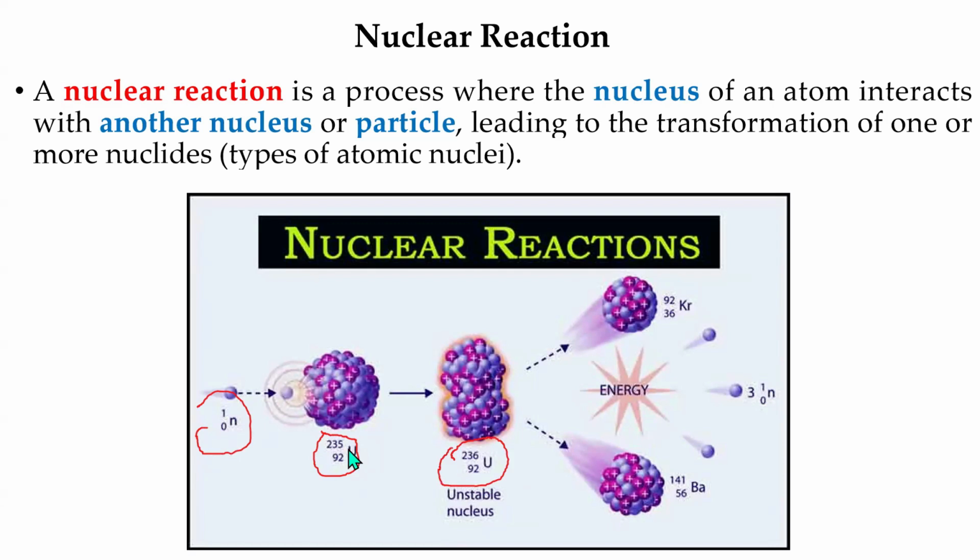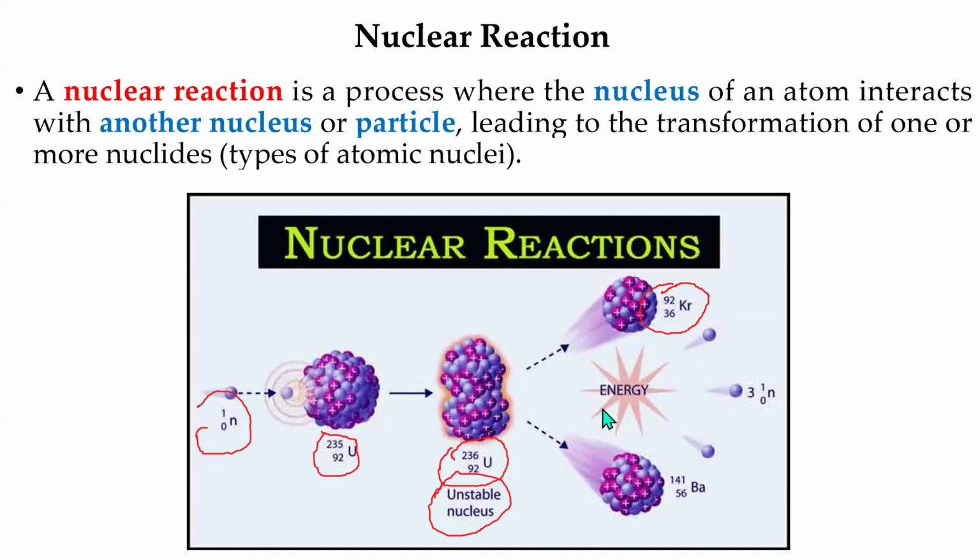In this case, uranium-235 is a stable nuclide, but when it is bombarded, or interacts with the neutron, it becomes unstable. Due to that instability, the nucleus of uranium-236 starts breaking down to generate more nuclides. And here you can see that two more nuclides are generated. This is krypton with a mass number of 92, and this is barium with a mass number of 142.